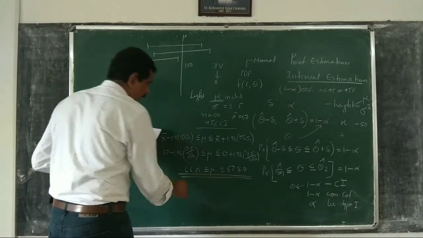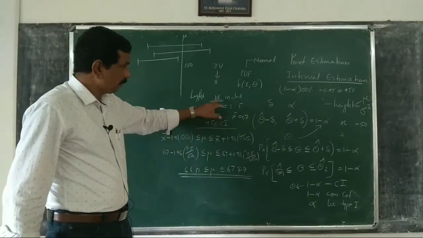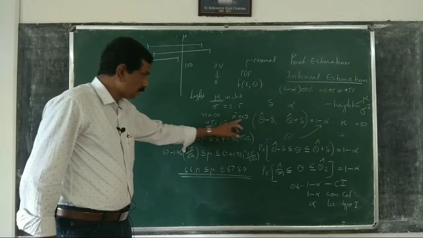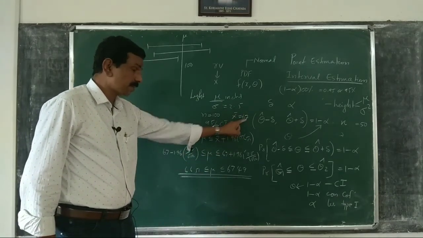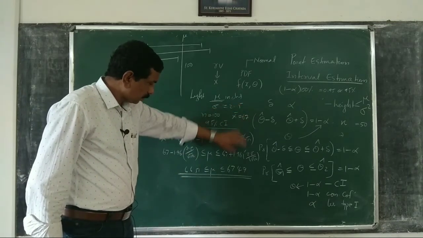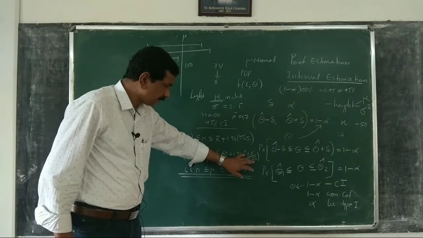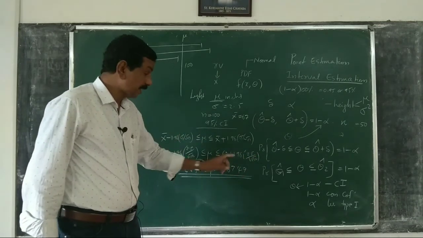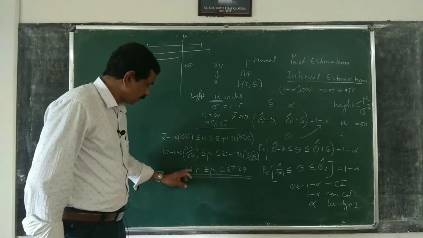This is the 95% confidence interval for mu. Remember, mu is unknown. A sample x bar 67 is taken, 67 is a point estimator. So using this point estimator and also taking 1.96 standard errors of the estimator, we suggest a range for mu.